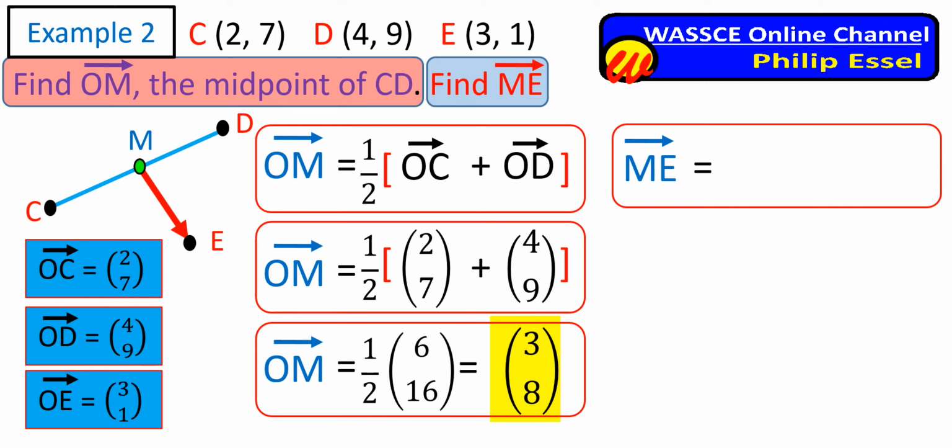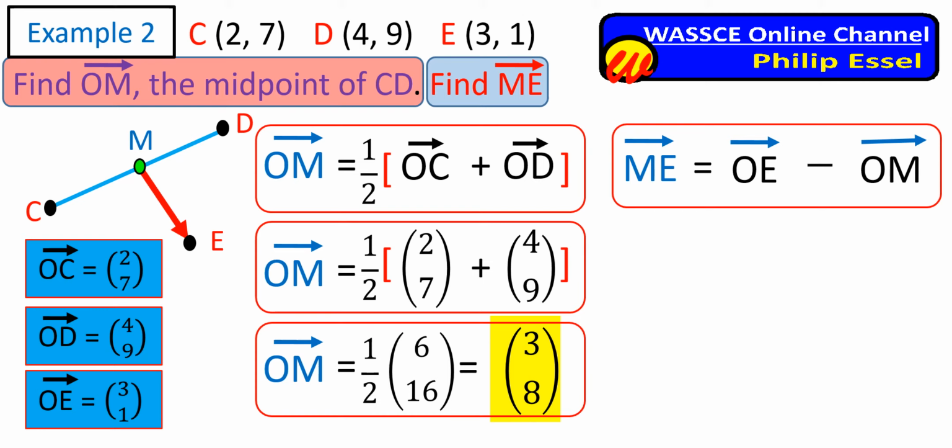When you resolve the vector ME, you would get the vector OE. We would have to then bring our subtraction sign. This will be followed by the vector OM. So at this point we have the vector ME equal to the vector OE minus the vector OM.